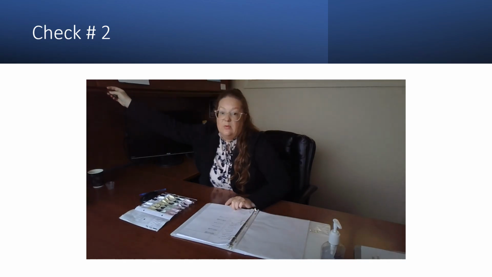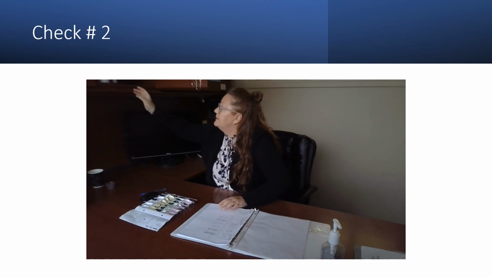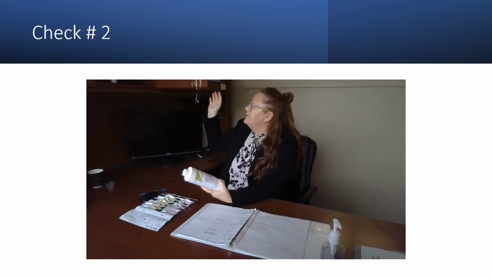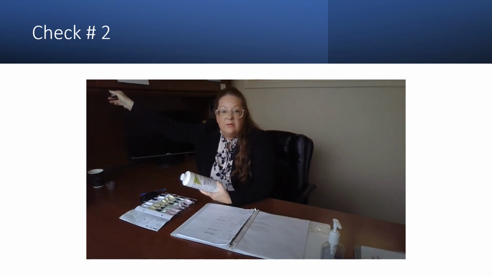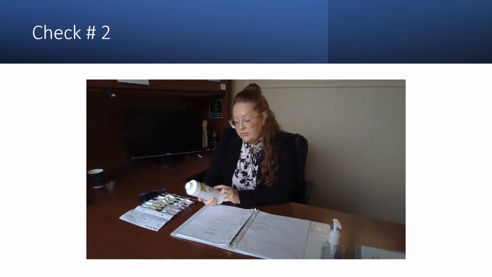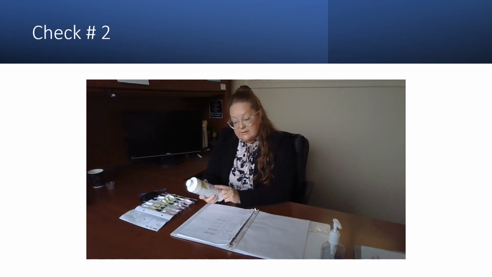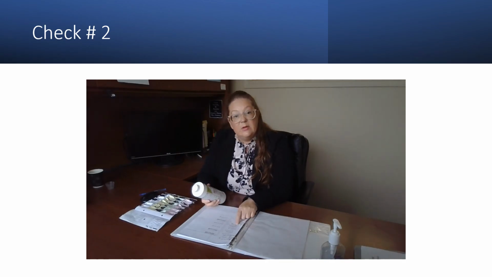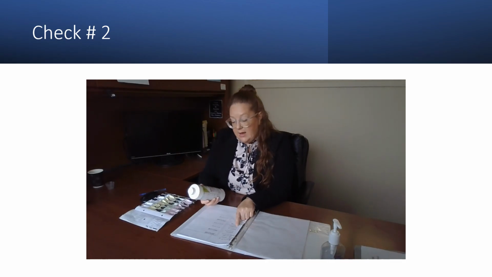So you need to open the medicine cabinet, locate your lactulose, and you now complete your 7 R's, cross-referencing the label on the lactulose bottle to the label in your MAR binder. It's the right person, John Doe.